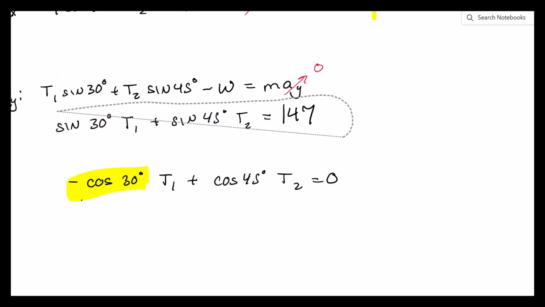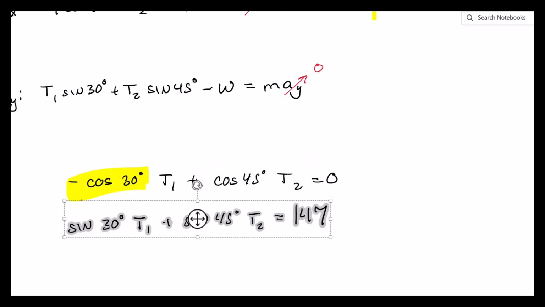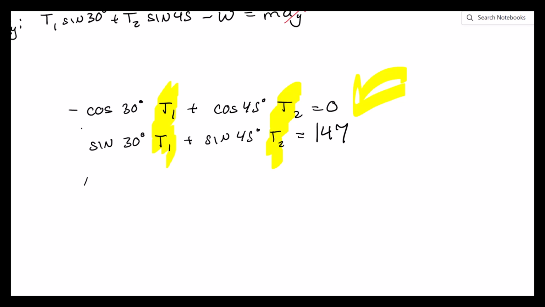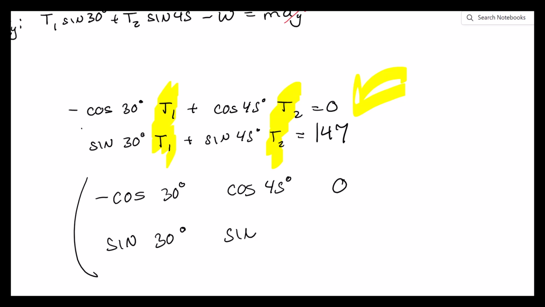Do you see how in this problem I've got the T1s lined up and the T2s lined up, and everything that doesn't have a variable is on the other side? So I have two equations, two unknowns. I can take the coefficients and plug them into a matrix: negative cosine 30, cosine 45, 0, sine 30, sine 45, 147.